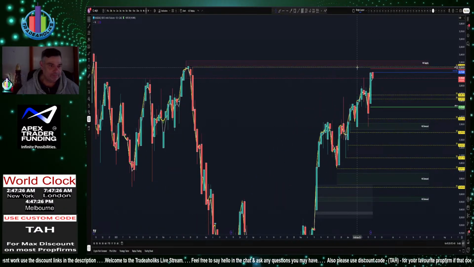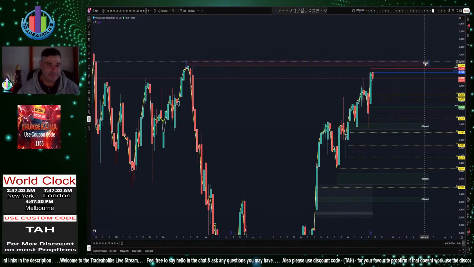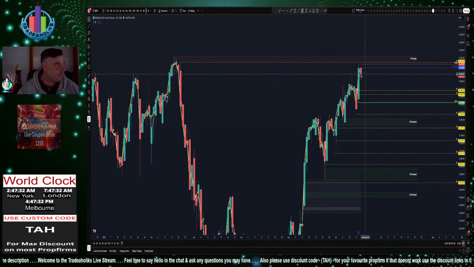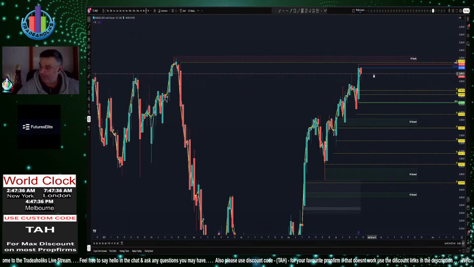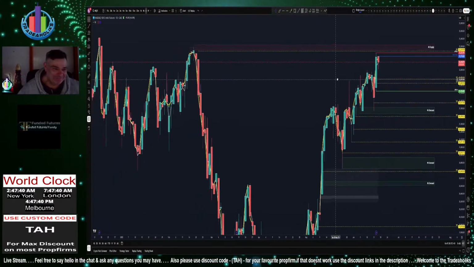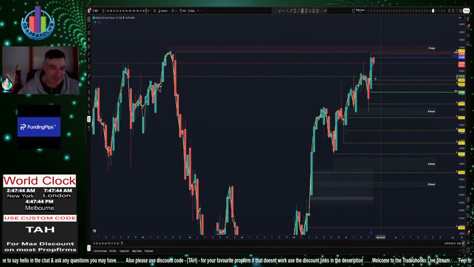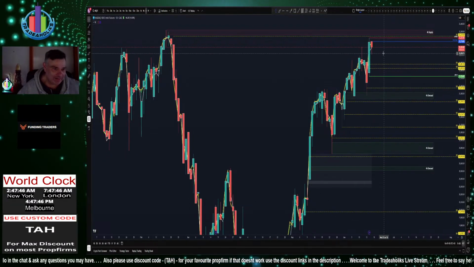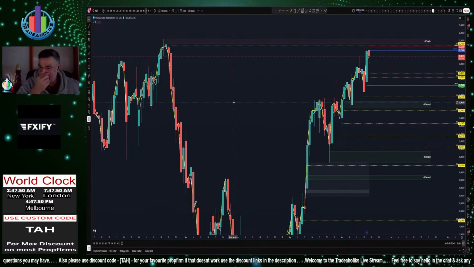The early chart, a couple of points of interest up there, and a 4-hour supply zone that we might bounce off. So that's the daily chart. I don't really use any sort of daily bias or anything for my trading.